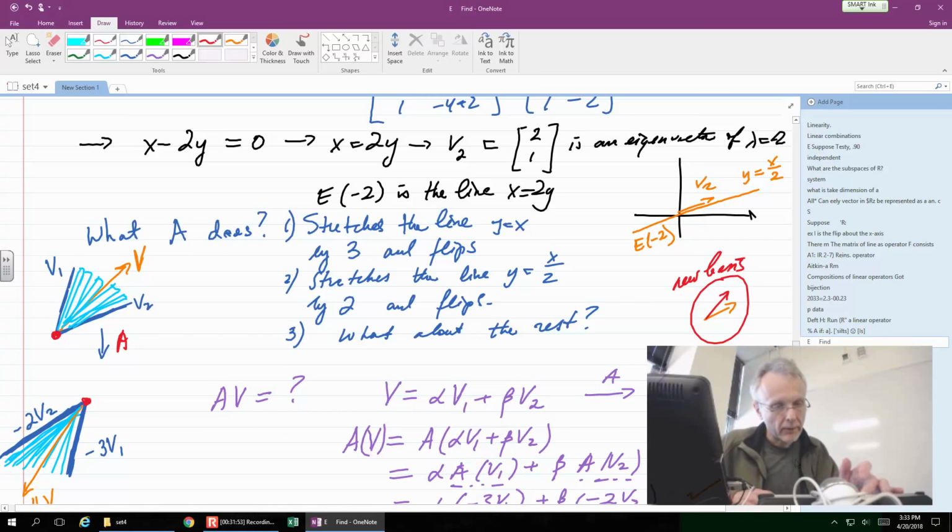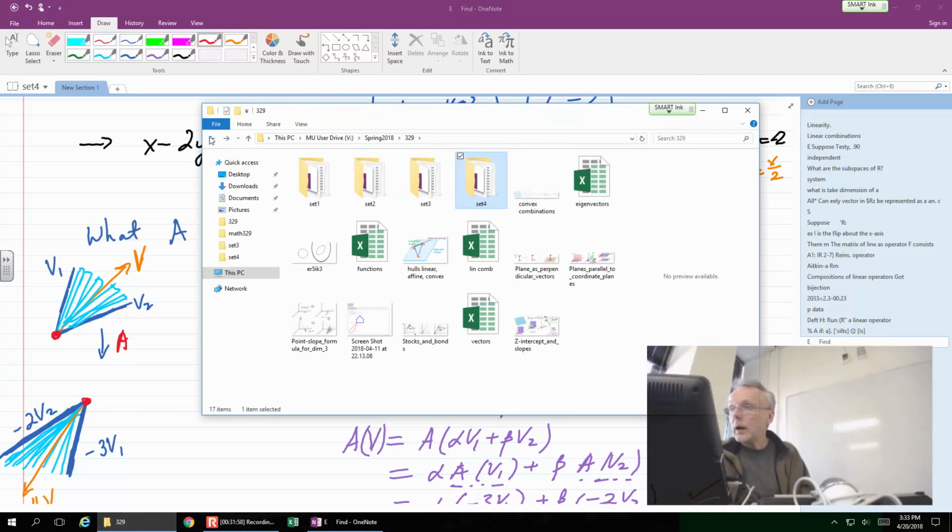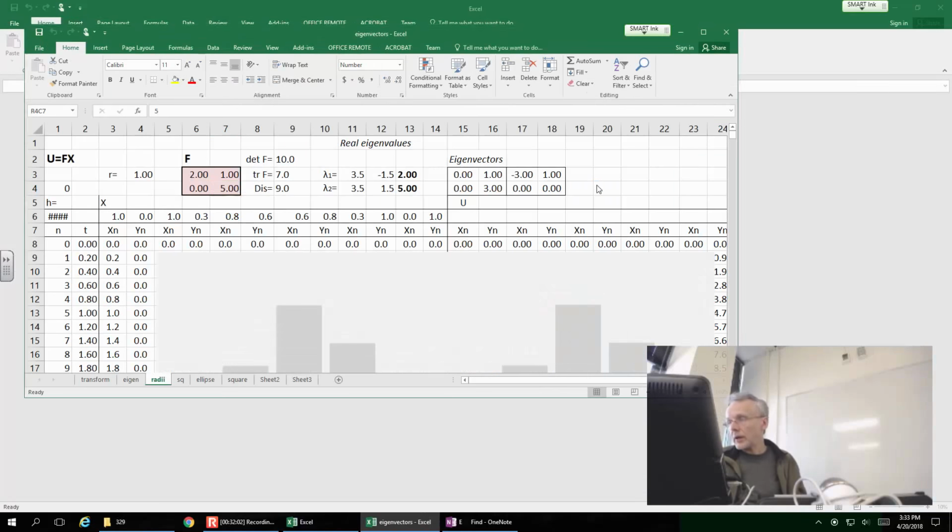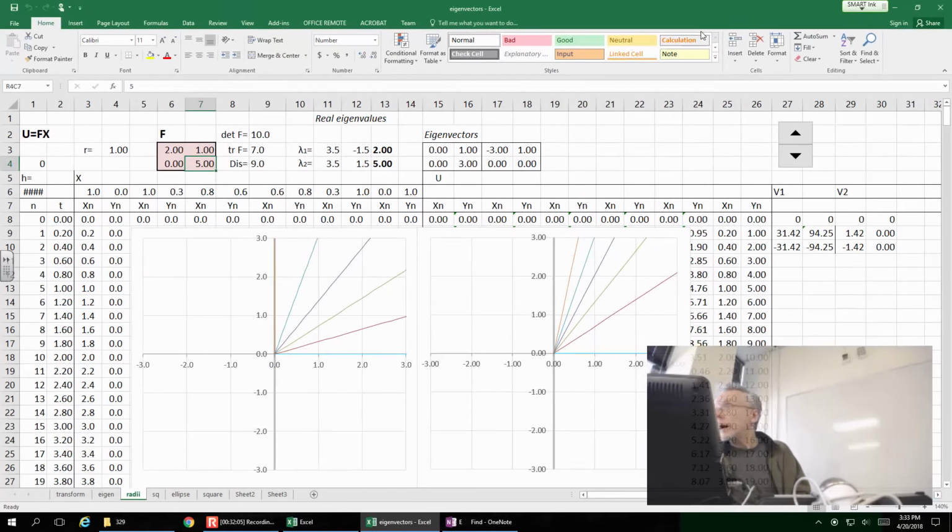Let me just make a little illustration. Let's illustrate what we just did with Excel. I did everything by hand, so let's do it with Excel. Can you quickly read to me the entries for my matrix A?